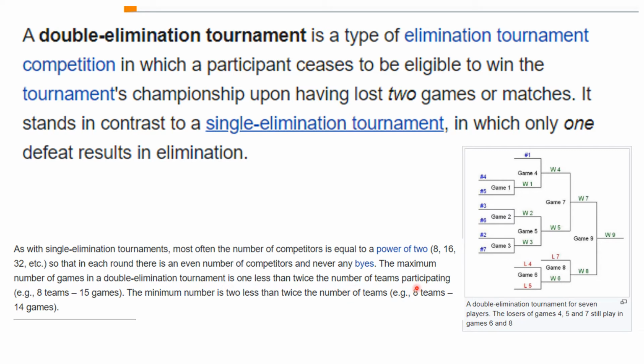That means that everybody loses 2 games except for 1 team. And the minimum number is 2 less than twice the number of teams. For example, that would be if 1 team went undefeated through the entire tournament.